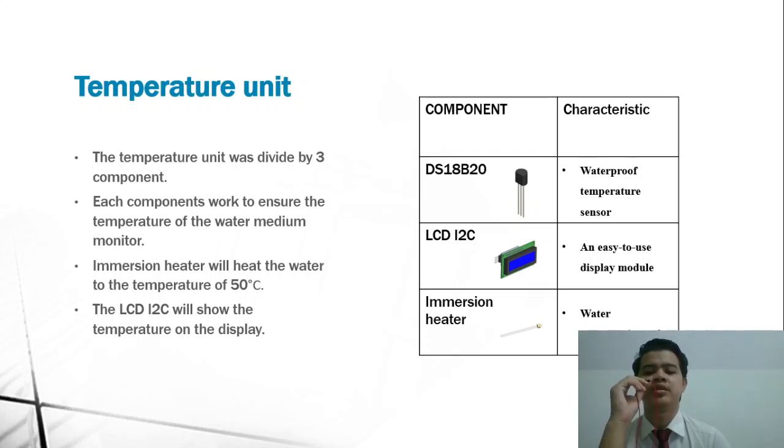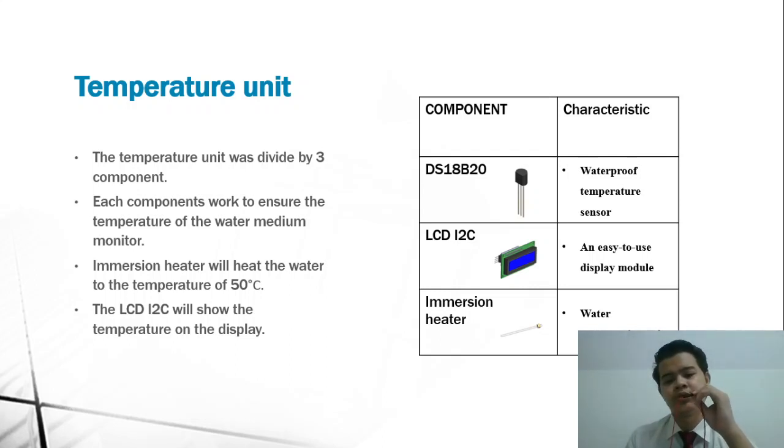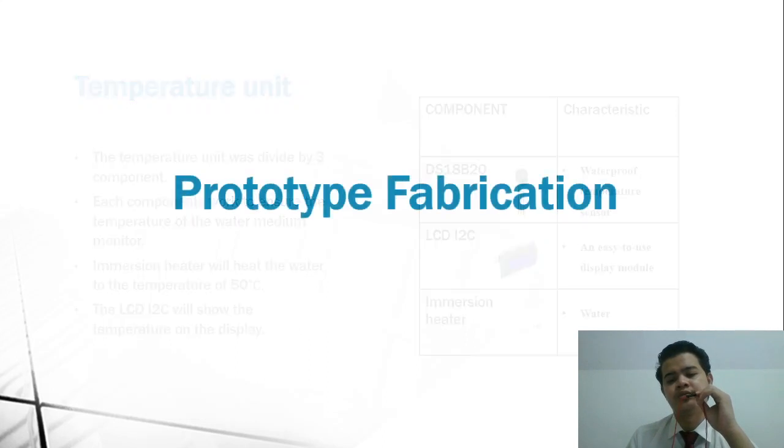The temperature unit uses the DS18B20, a waterproof temperature sensor, an LCD I2C, and lastly an immersion heater. The LCD I2C in this project uses four pins, so it can easily be used to display the temperature of the oil.